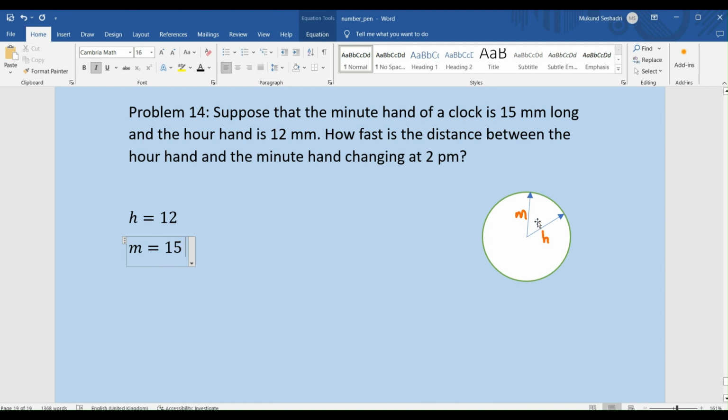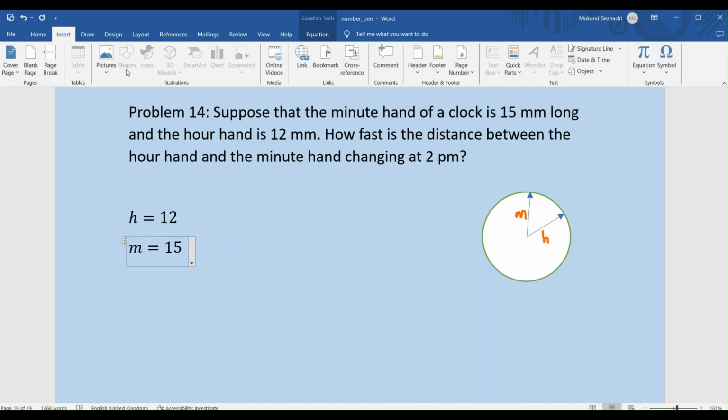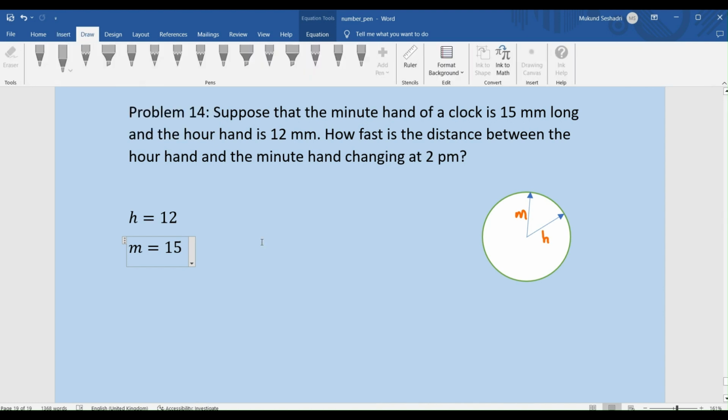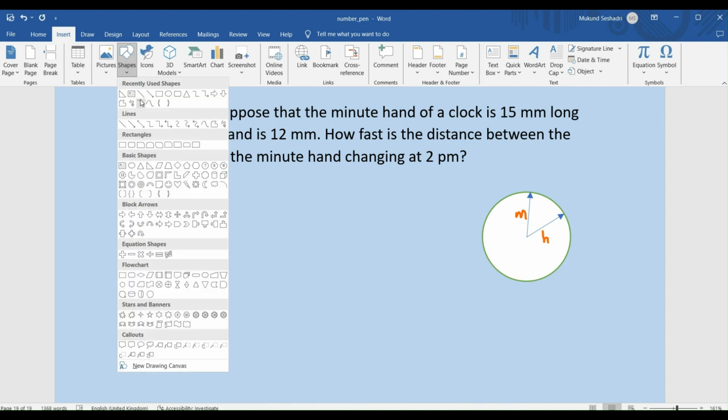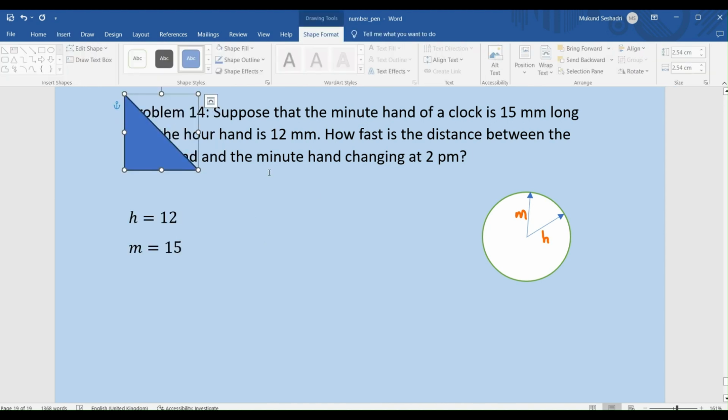So we know that there is a triangle which gets formed between the hour hand, the minute hand, and the line which connects both the hands. So let's try and draw a representation of that separately.